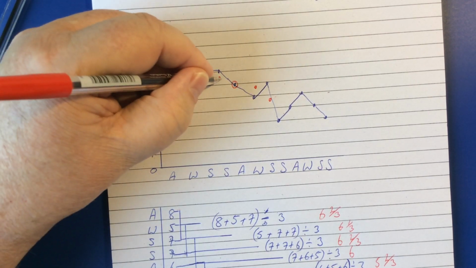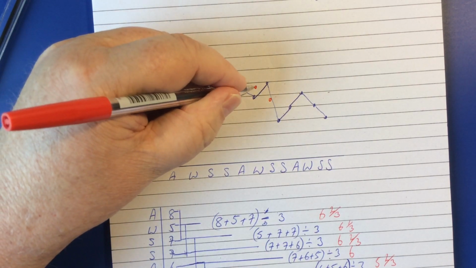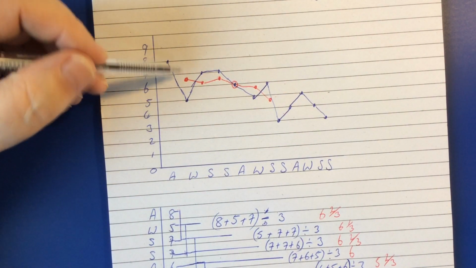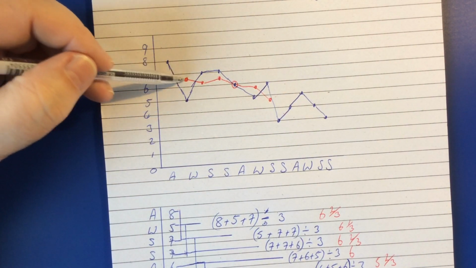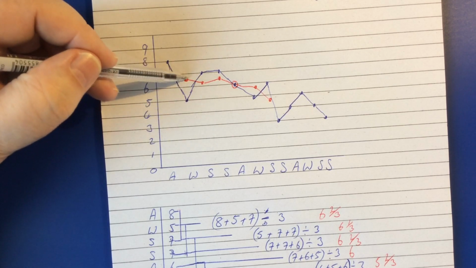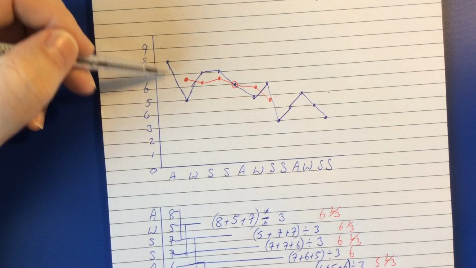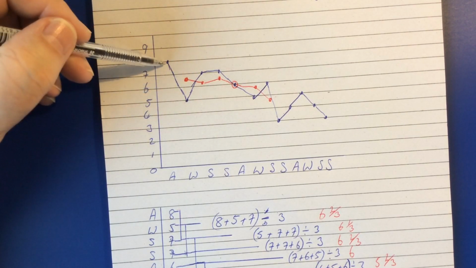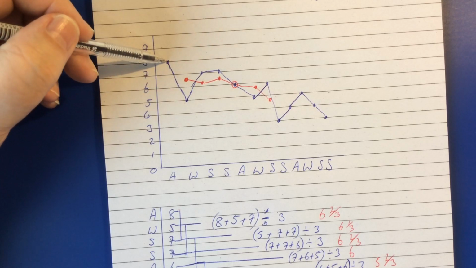And there are a couple of things to notice. The first thing to notice is that our first piece of averaged data is here. It's in the middle of the first 3 data points. So a 3-point moving mean starts 1 in from the first piece of original data.